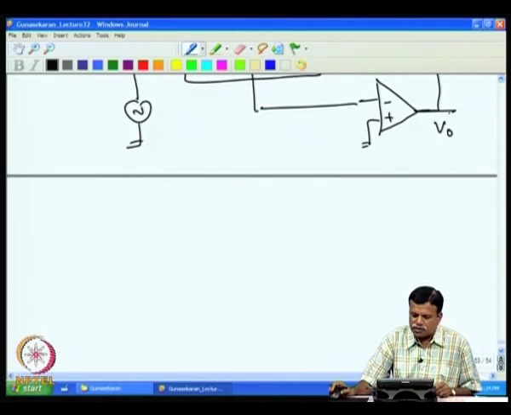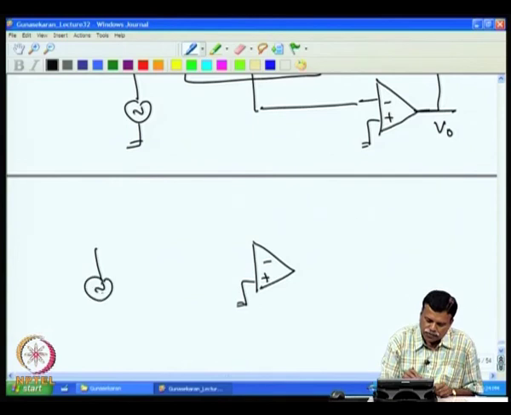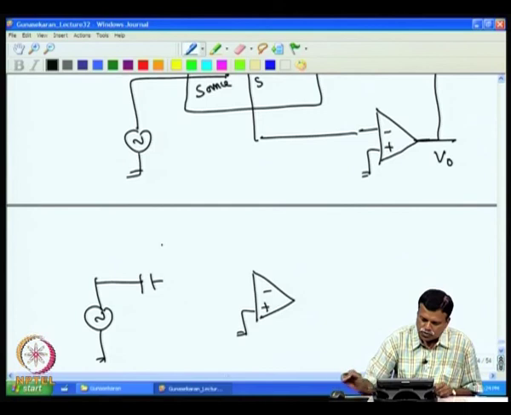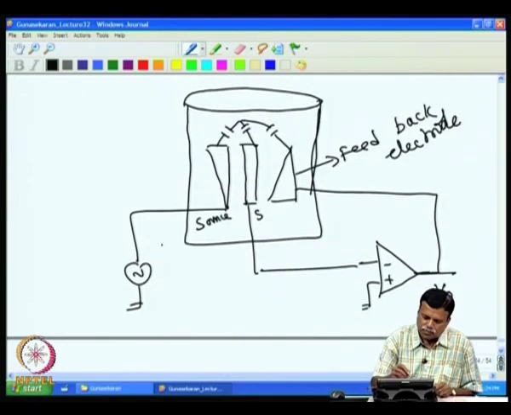Now, if you draw the equivalent circuit of this, that turns out to be like this: we have a source, and the source is connected to the input through two capacitances, that is CS and CE, and then CF, the feedback capacitor.